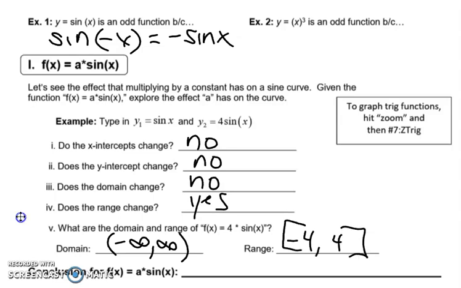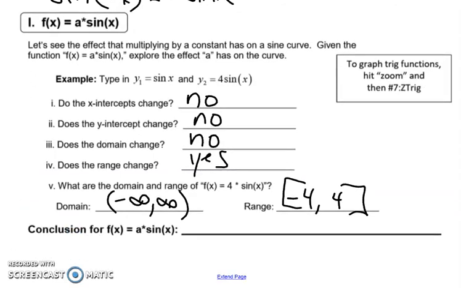So that is the impact of a on our graph. Just like the previous functions we talked about, a is telling us whether it stretches or compresses.